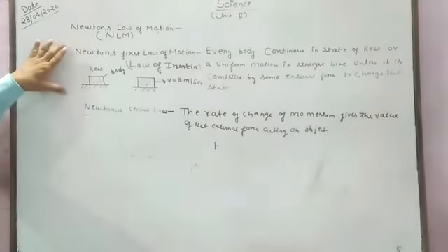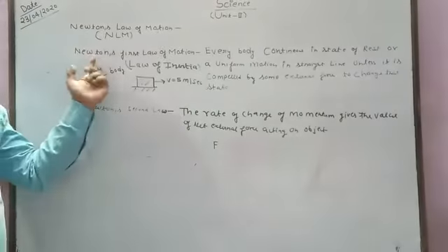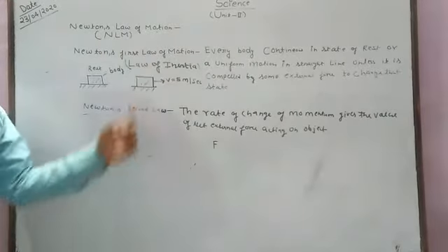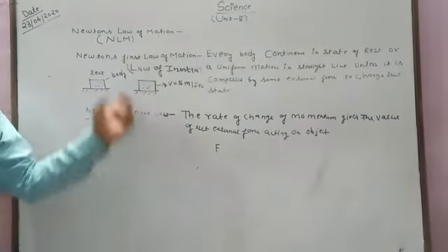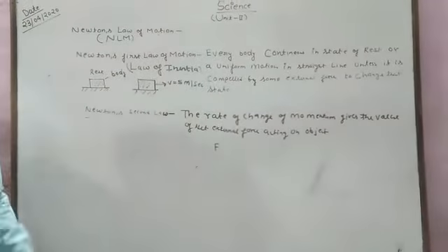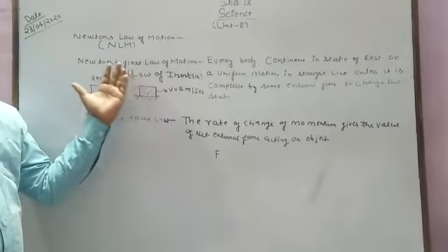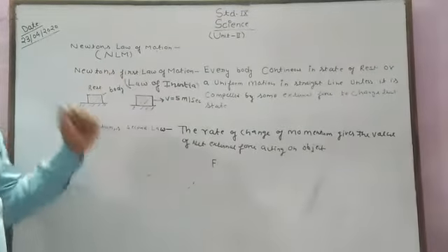There are three names related to Newton's first law: the first law of motion, the law of inertia, and Galileo's law.